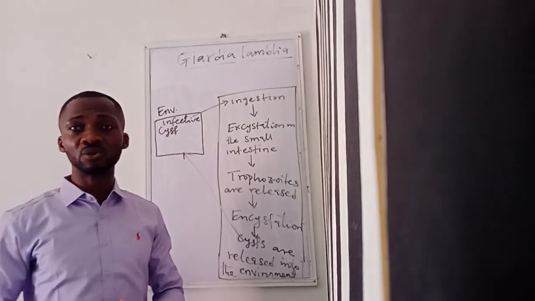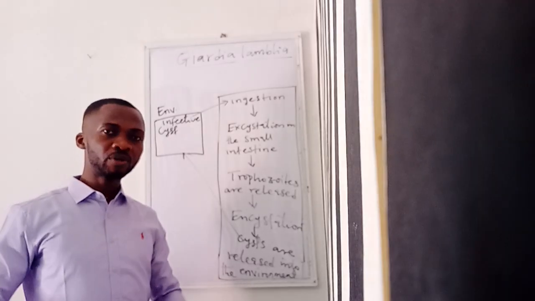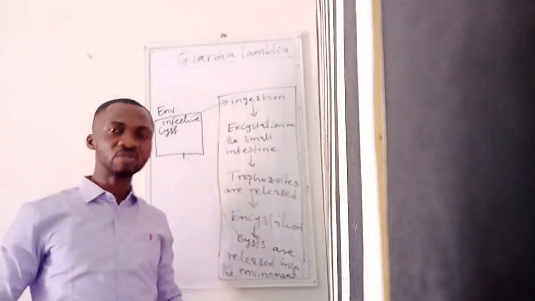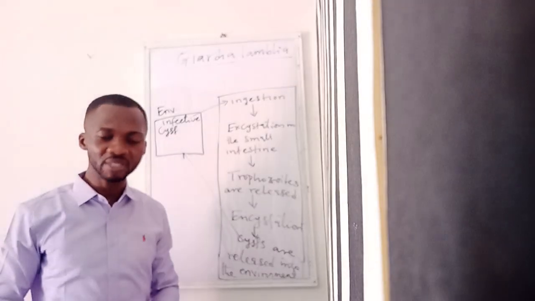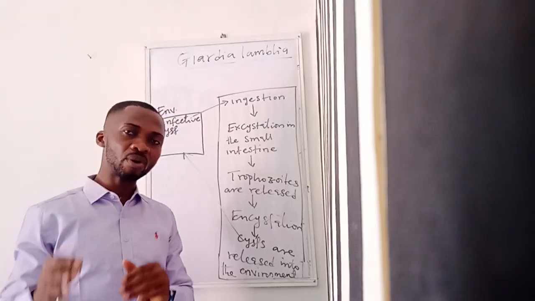The person also begins to experience weight loss and what we call malabsorption, because this parasite uses its body to block the surface area from whence absorption occurs within the small intestine. That region within the small intestine where absorption occurs, the parasite blocks it.